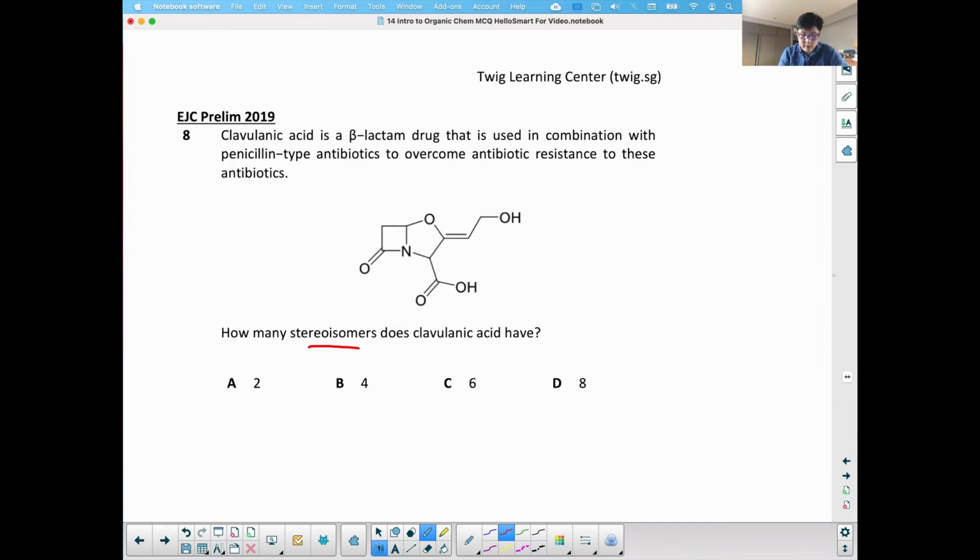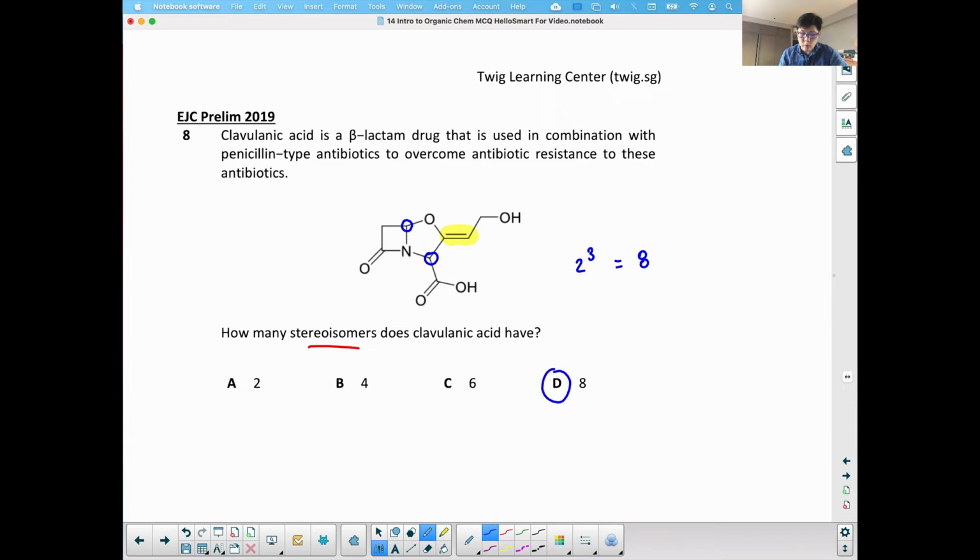So the chiral center, I would say, will be over here. 1, 2. All right, these two are chiral center, and over here the double bond. Okay, this double bond would have cis trans. So in fact, it will be 2 to the power 3, which equals 8. Right, so that's why the answer is D.